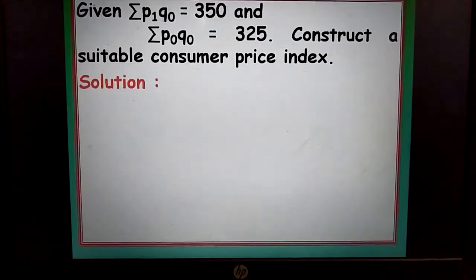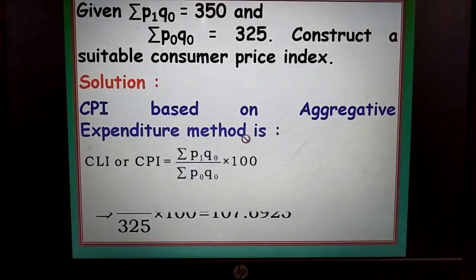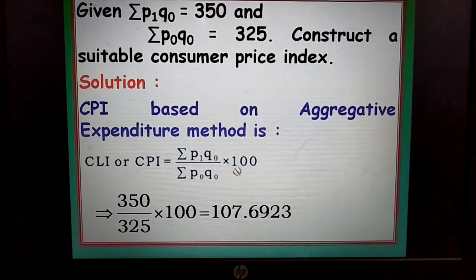So solution, CPI, consumer price index based on aggregative expenditure method is, we know already, CPI is equal to sum of P1 Q0 divided by sum of P0 Q0 multiplied by 100.